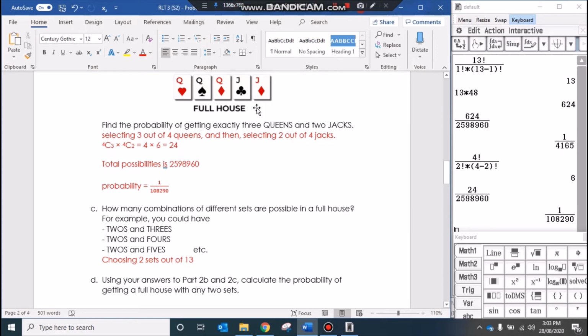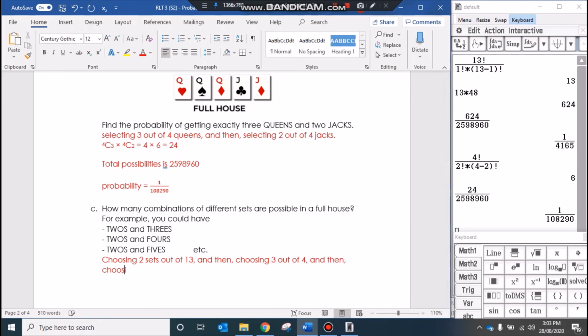So we're actually going to use permutations for this one, but we'll get to that in a moment. So we're choosing 2 different sets for our full house out of a possible 13 sets. And then we're choosing 3 out of 4 for one of the sets, just like we had 3 out of 4 possible queens. And then we're choosing 2 out of 4 for the second set, just like we chose 2 out of 4 jacks.